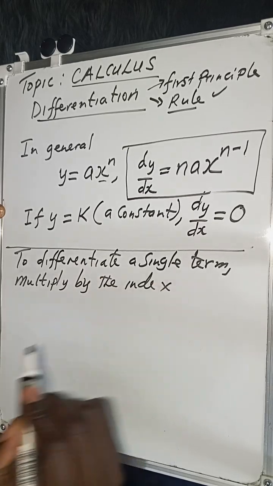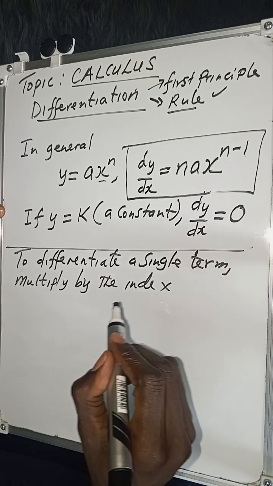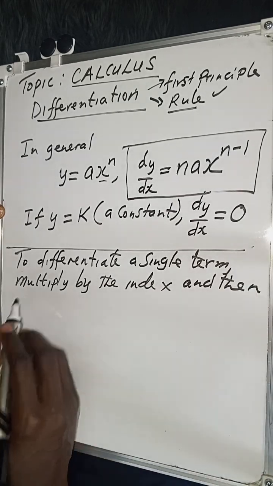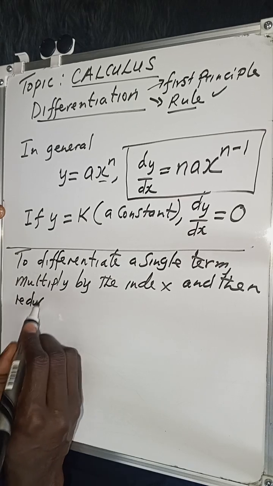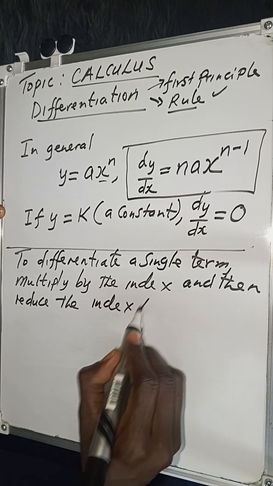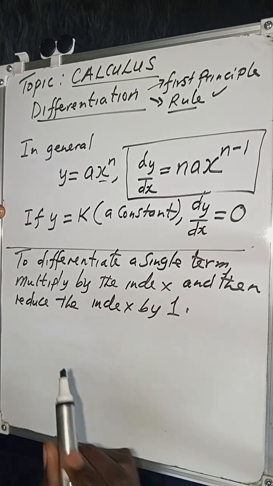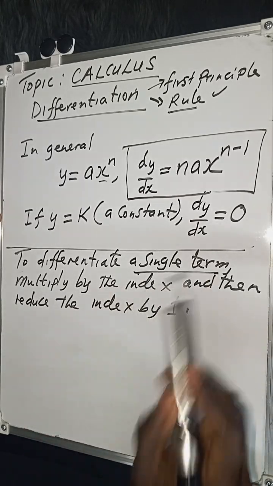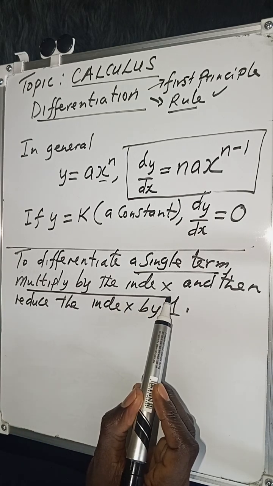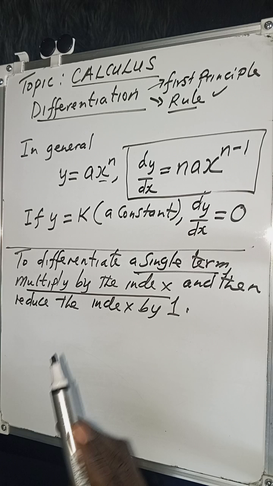What we mean is you multiply by the coefficient, the number in front, and then reduce the index by 1. So that's the key concept. If you're dealing with a single term, multiply by the index, that's the coefficient, the number in front, and then reduce the index by 1.